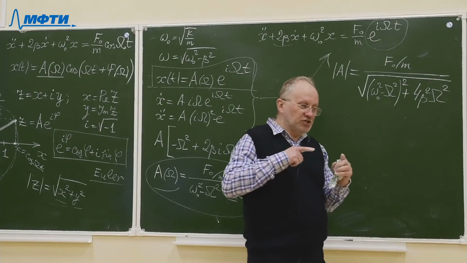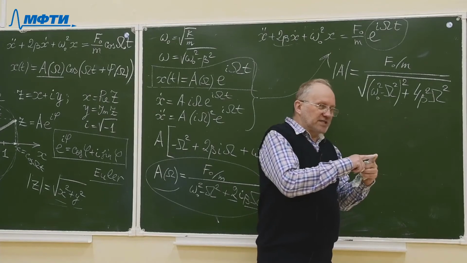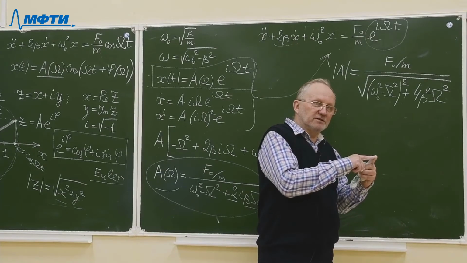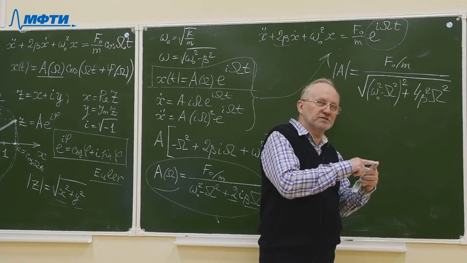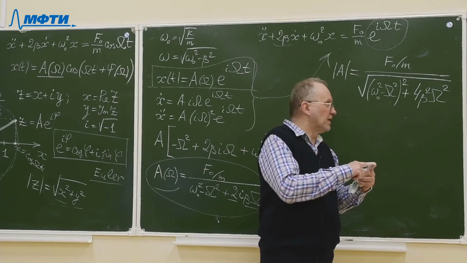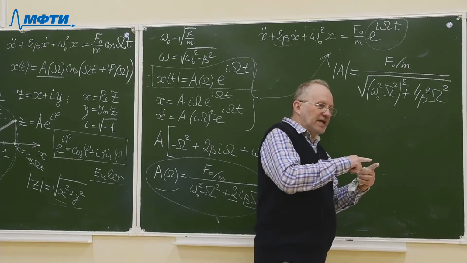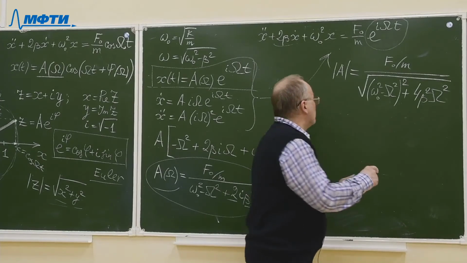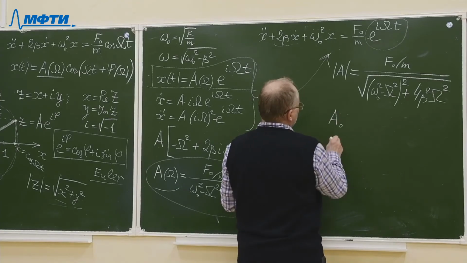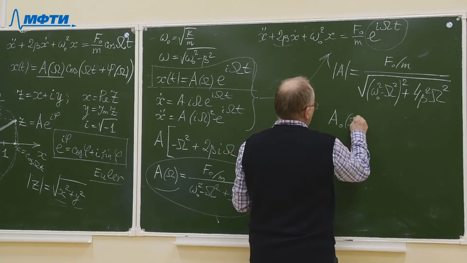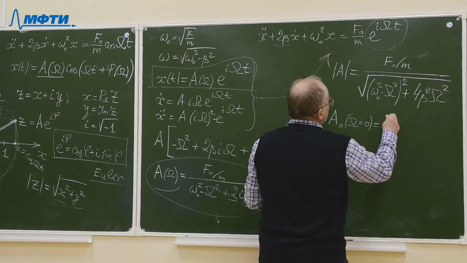It means that we are just exerting some force on this spring pendulum. What happens? It will be displaced and there will be no oscillations. The oscillation frequency is zero. So that will be just the amplitude of displacement. I will denote it as A0, that is when omega is zero. And that will be what?